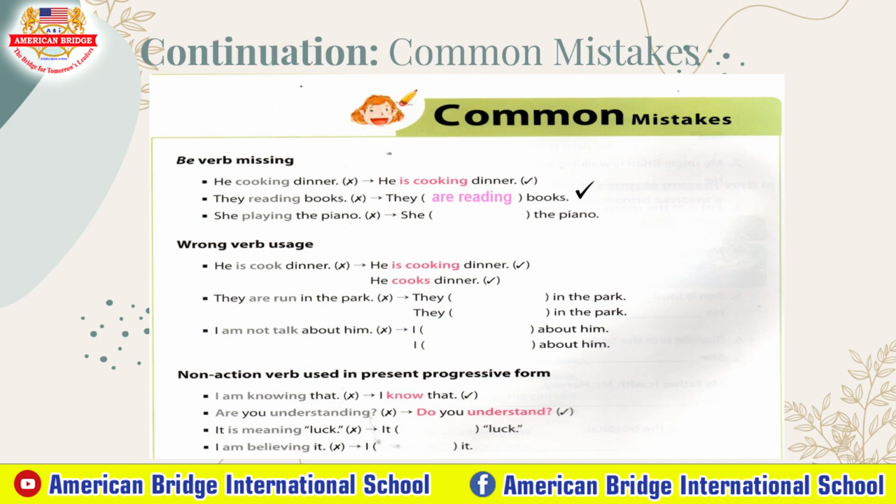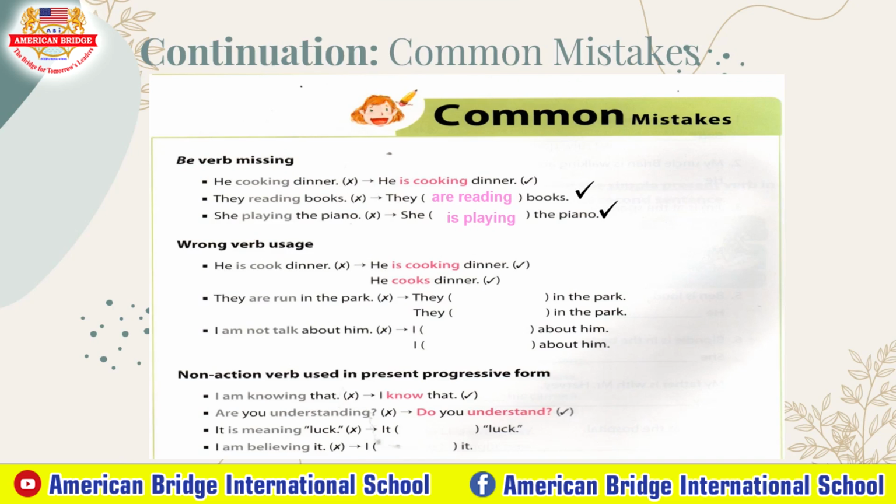So, what is the missing be verb in here? Is playing, correct. Missing is be verb. Now let's read one more time. She is playing the piano. This one is correct.